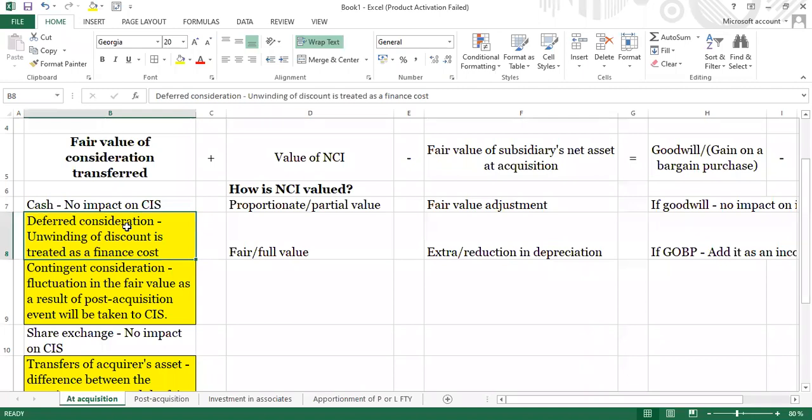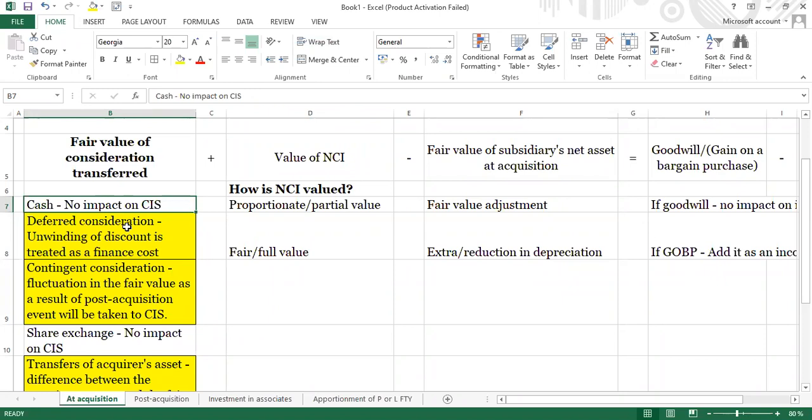This is just trying to point out important focal points, key points. Okay, sir. Sorry to drag you back a bit. Can you please kindly re-explain the gain on bargain purchase, how to treat it in the income statement? Sure, we'll get there shortly. Okay, sir. All right, thank you.